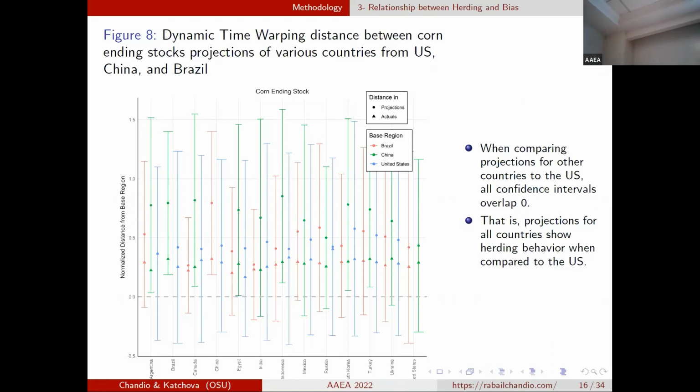That data only has 19 years of data, from 2002 to 2020, and I just use those 19 years of historical data to compute the actual distance between the series of the two regions. And that is why I'm able to separate true correlation from unnecessary correlation. I'm able to separate where herding is rational versus where it's not rational.